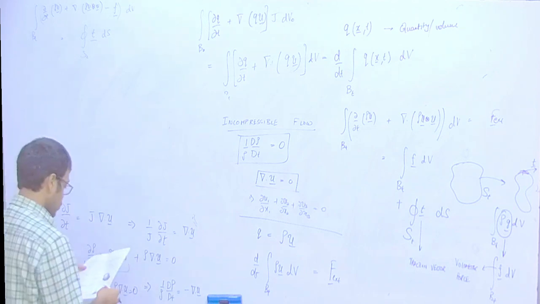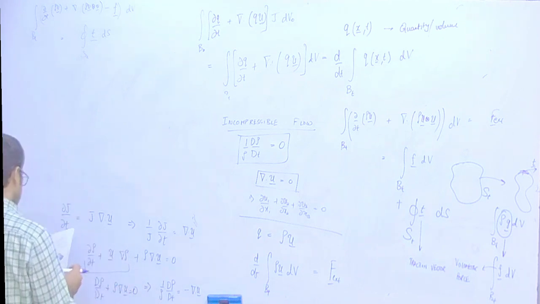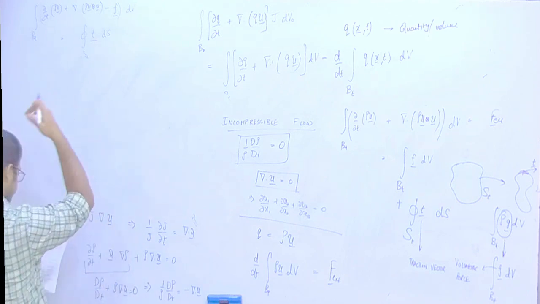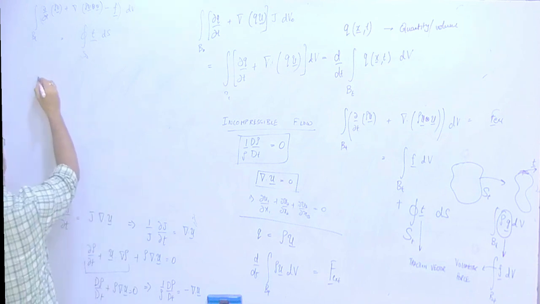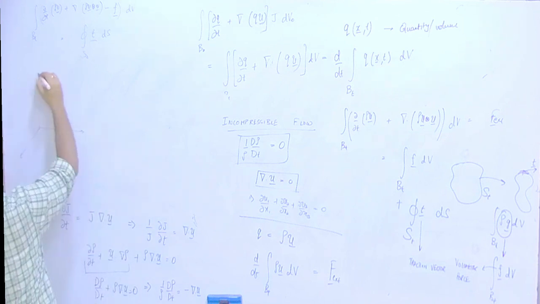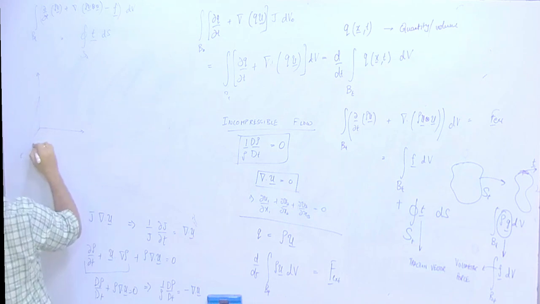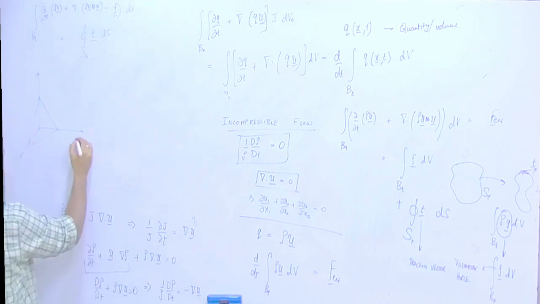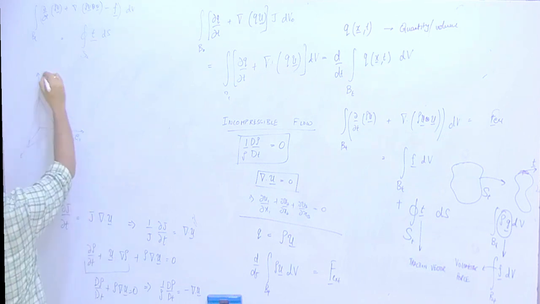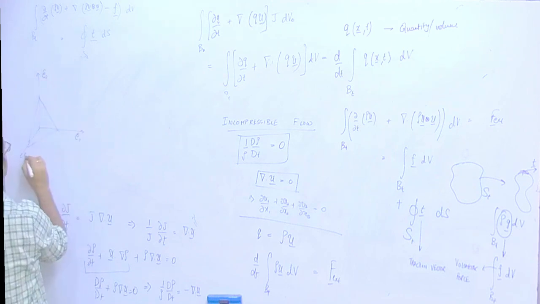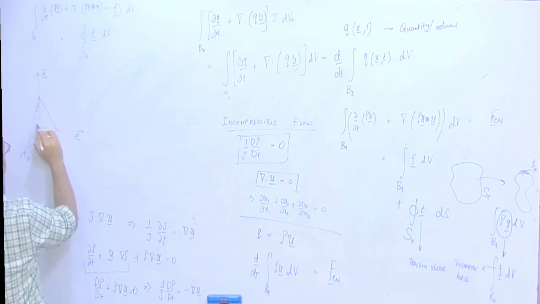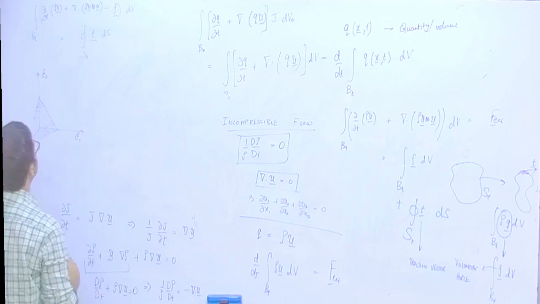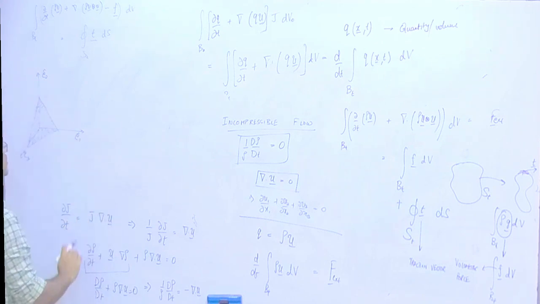To do that conversion to the volume integral, let us consider a fluid element, a tetrahedral volume. So you have E1, E2, E3. You have a surface here, a surface here, and a surface here, and you have the slant surface.